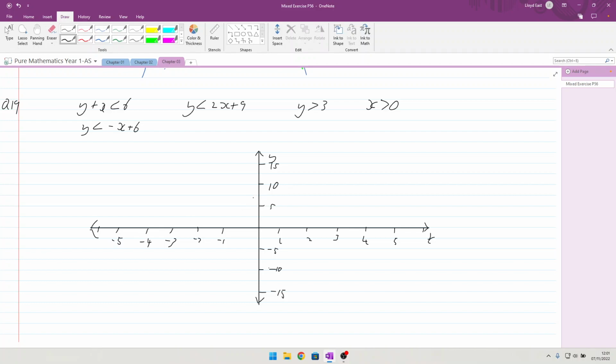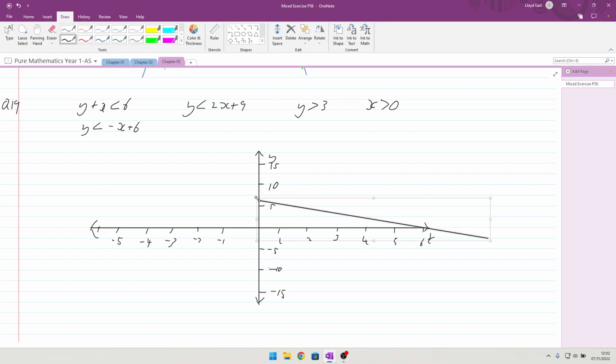Okay, so a minus x plus 6, so it's going through here at 6, and it will also be coming through here at 6. So first line here is coming through there. Let's just adjust that slightly.